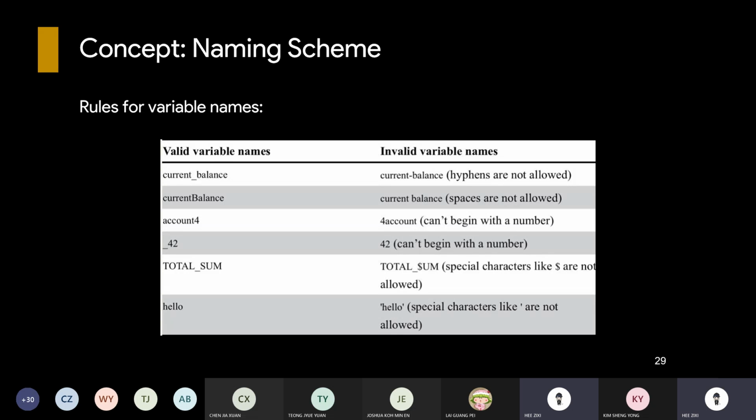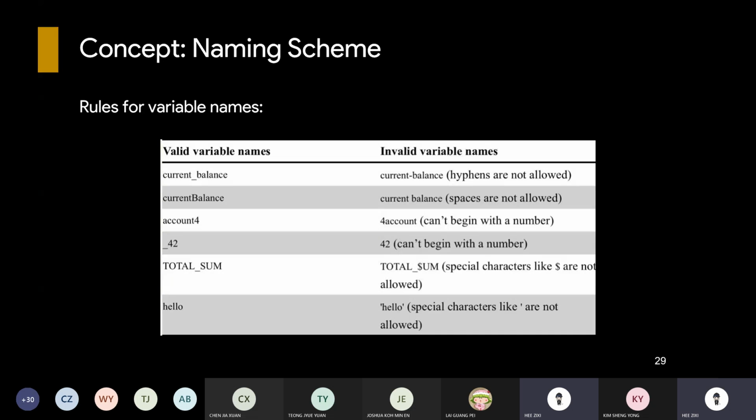There are several ways you can name a box. It's entirely up to you, but there are some restrictions. For example, hyphens are not allowed. You can use underscores, but not hyphens. Spaces are not allowed. Usually we use underscores to represent spaces. It also cannot begin with a number.